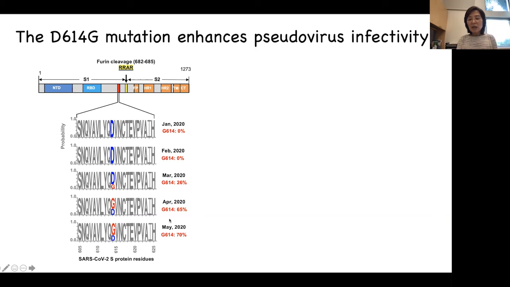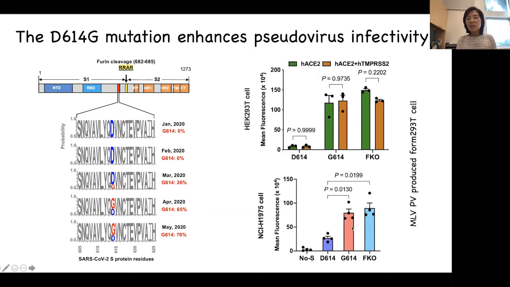So we made a murine leukemia virus pseudovirus coated with D614 or G614 S protein, and tested their infectivity in 293T cells expressing human ACE2 or human ACE2 plus human TMPRSS2. As you see, in both cells the G614 pseudovirus infected a lot more efficiently.